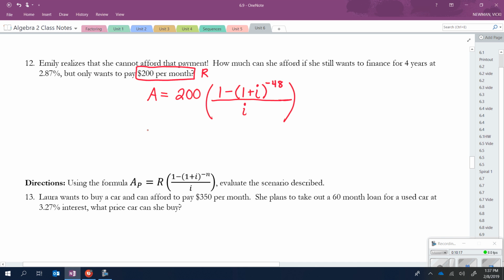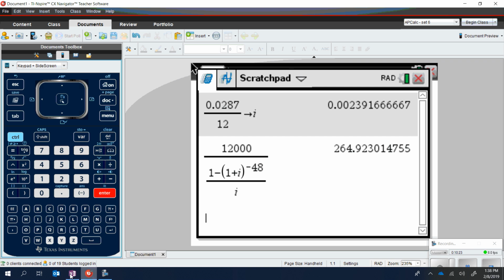So, how much of a loan can she afford? Type that in.